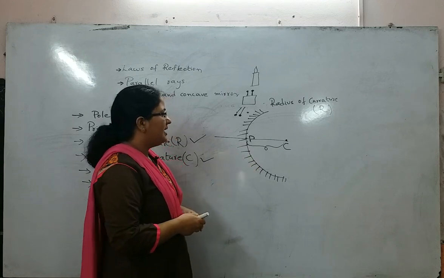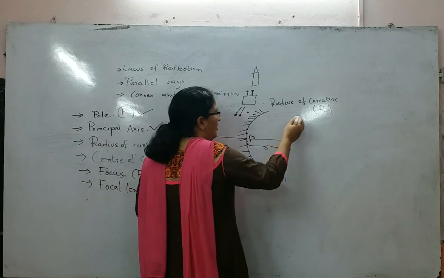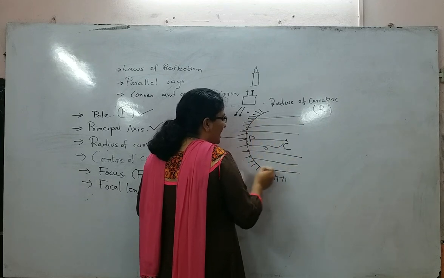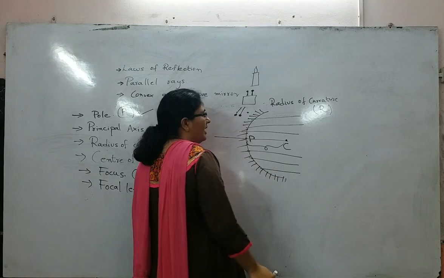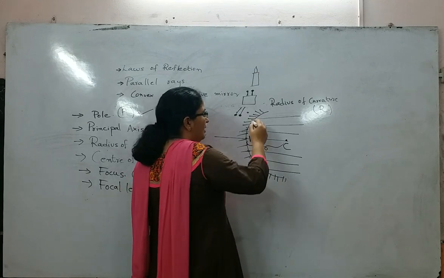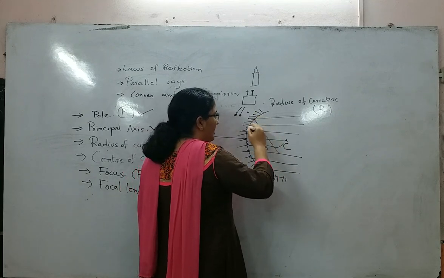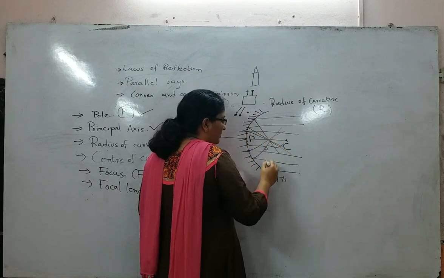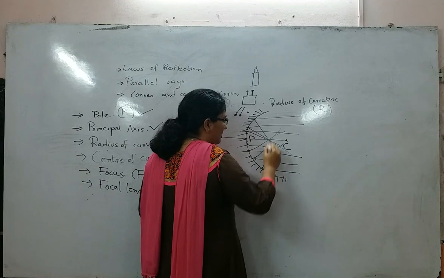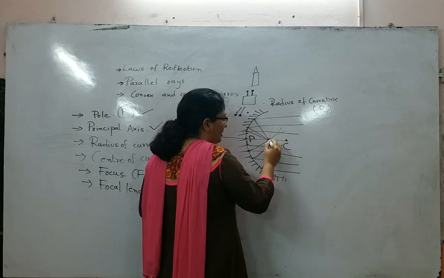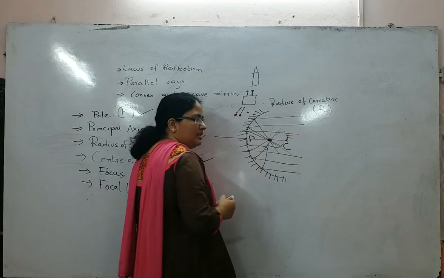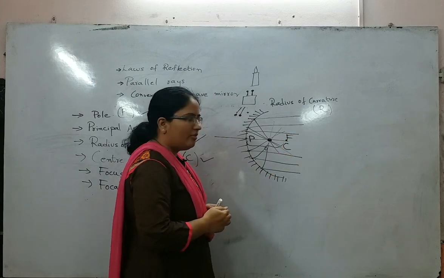Now, let us say I am taking this to the sun. What kind of rays will fall on the concave mirror? Parallel rays will fall on the concave mirror. Now, as they fall, they all get reflected. You will see that they all meet at a point. This point is called the point of focus.